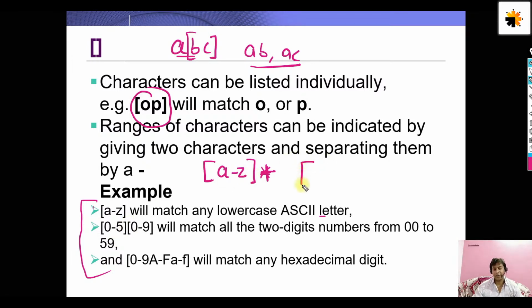If I use capital A to capital Z, it means uppercase ASCII letters. If I use both a-z and A-Z, it means lowercase as well as uppercase. And if I add 0 to 9, it means lowercase, uppercase and numeric. So in this way we can form a regular expression.